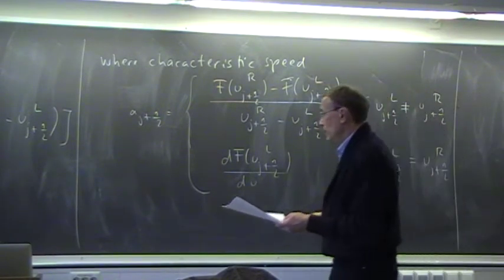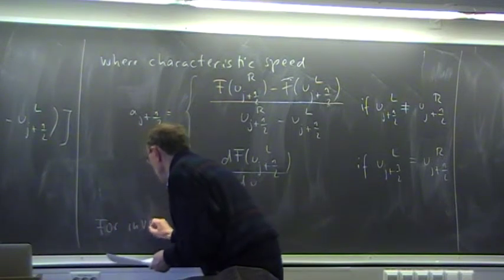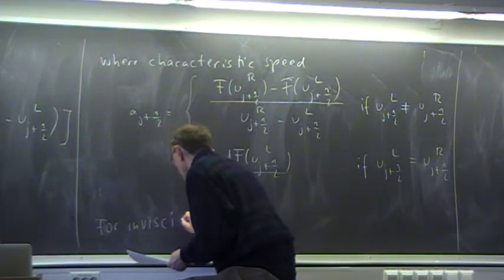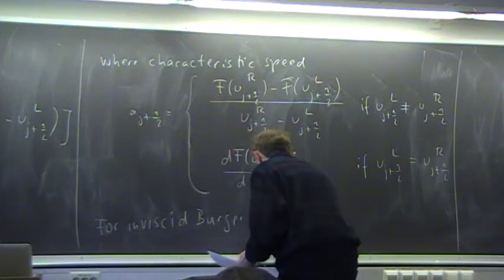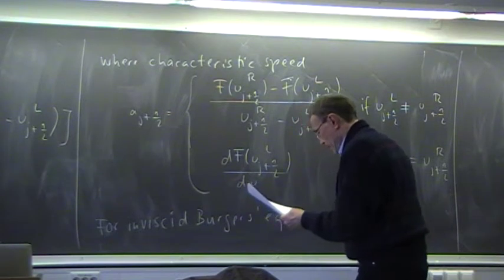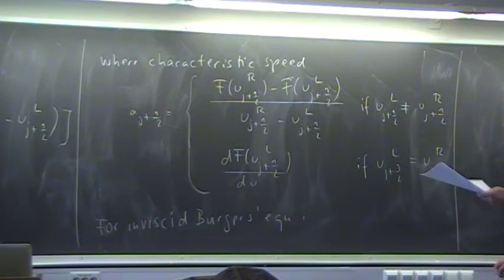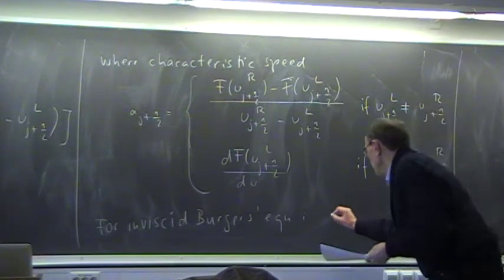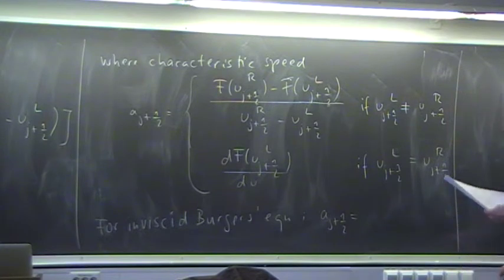And now, what I mentioned in the beginning, for the inviscid Burgers equation, we would then have that the aj plus 1/2 is much simpler, and that is because the flux turns out to be like that.